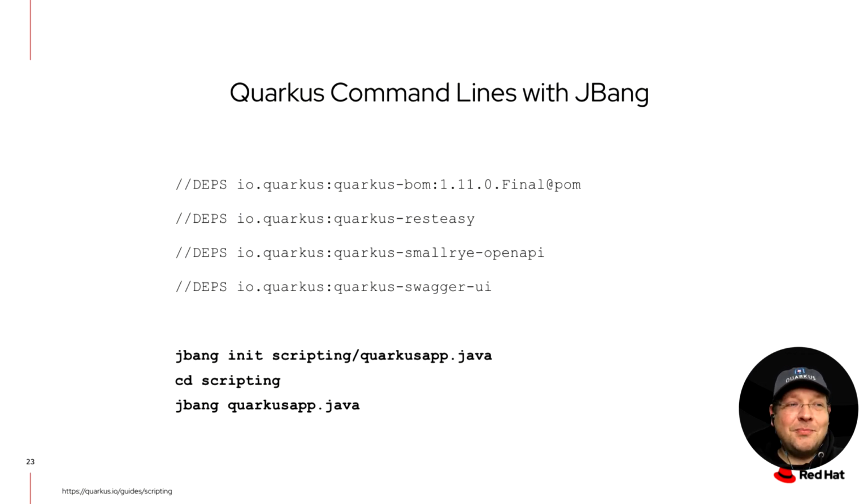So what you can basically do is have a simple command line Java app, Quarkus app, started with JBang without downloading any Maven, without downloading any Java, by only defining dependencies in your Java file. And this is basically what I try to capture here.